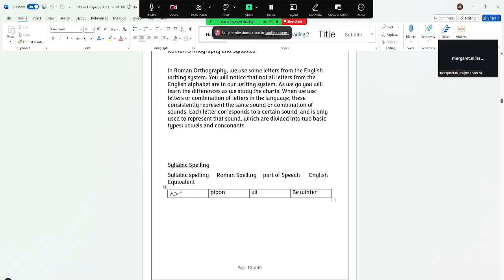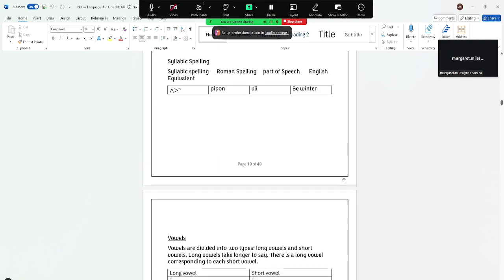So BIP1 is written in syllabics, written in Roman, BIP1, English letters, part of speech, and it means be winter.